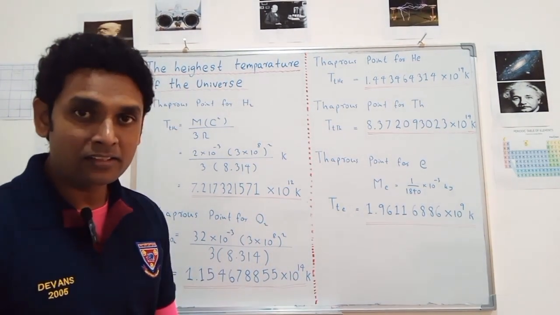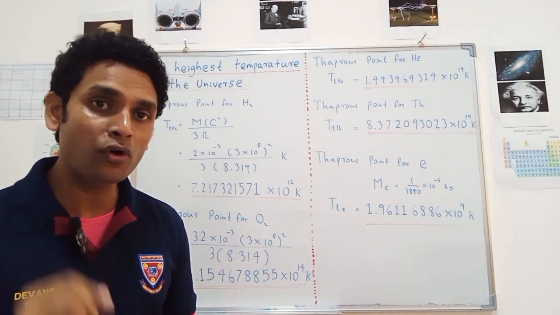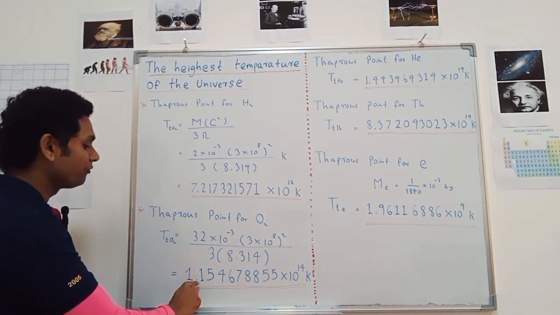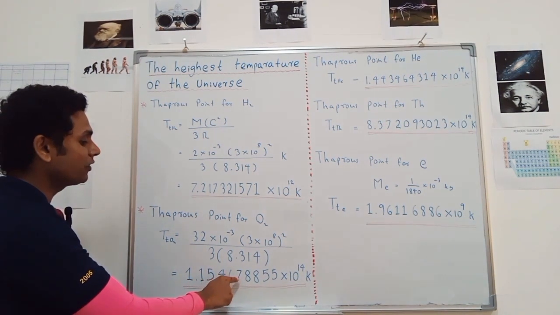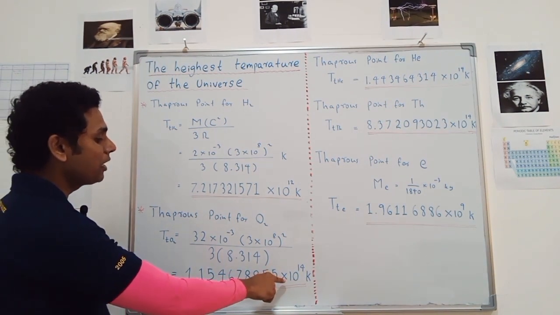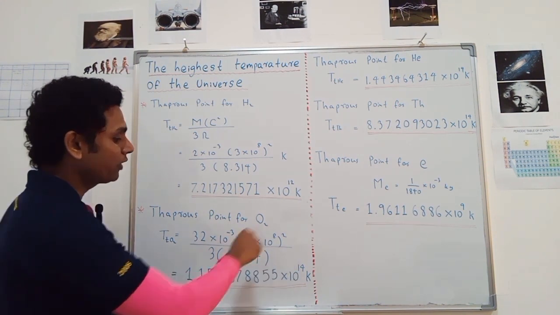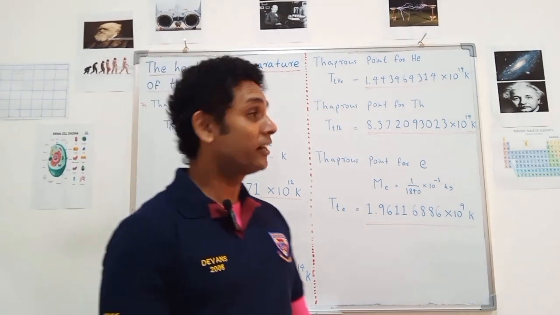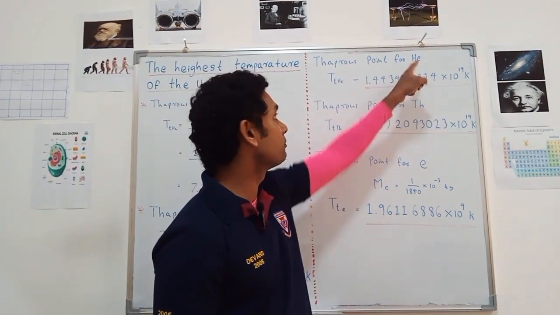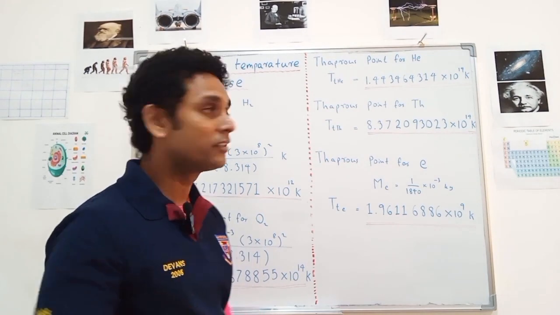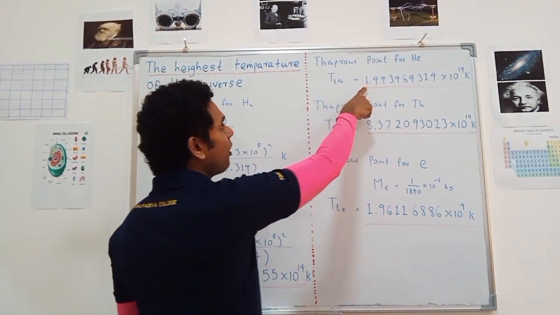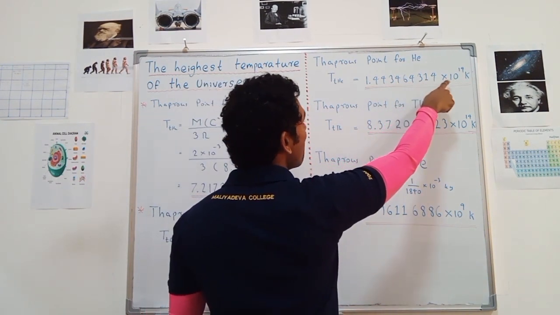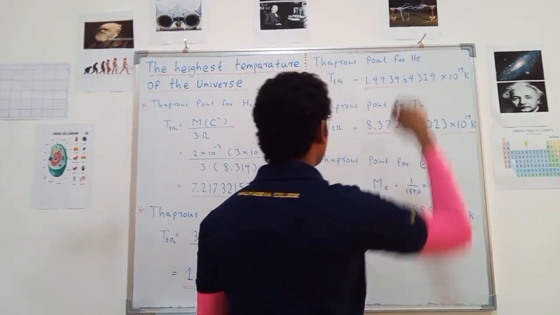Finally, the temperature point for oxygen is 1.154678855 multiplied by 10 to the power 14 Kelvin. In the same way, we can calculate the temperature point for helium, which comes to 1.4436464314 multiplied by 10 to the power 14 Kelvin.